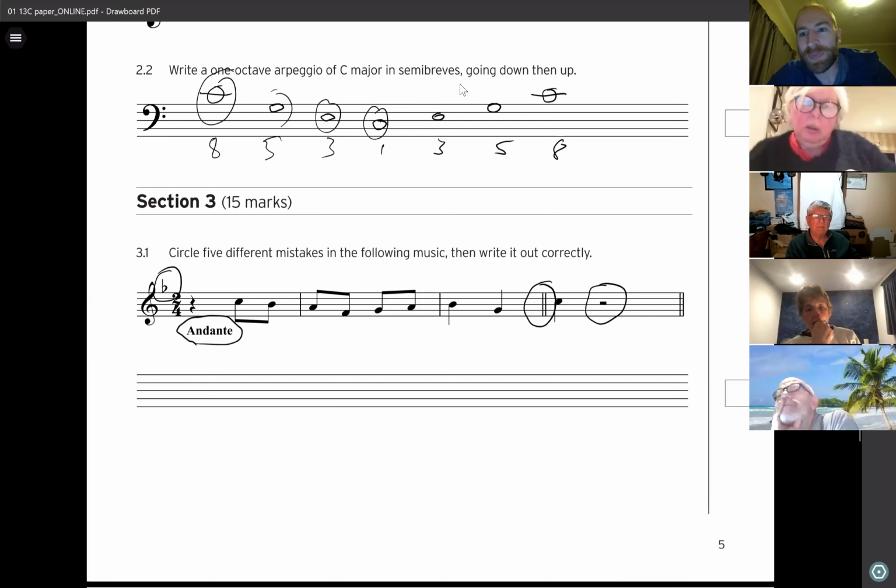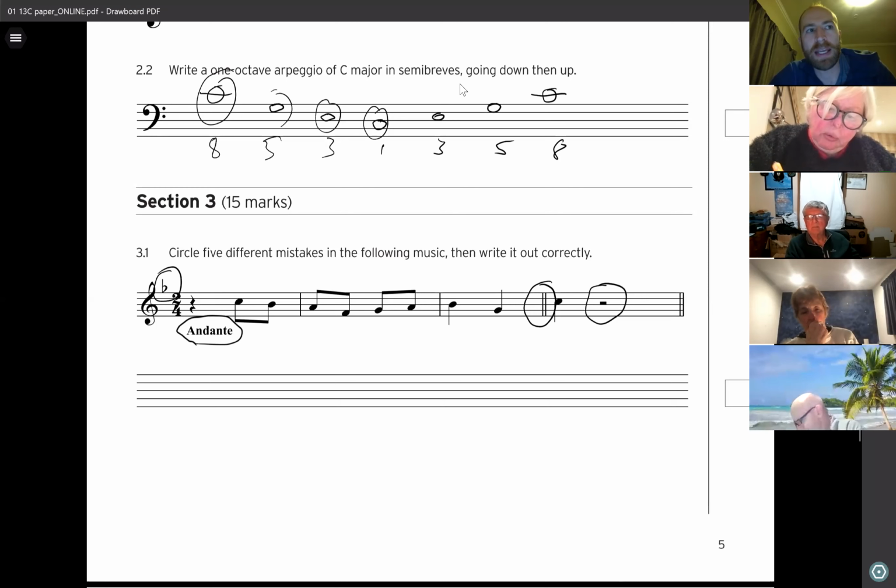A tempo marking, like what speed or style you should do it, goes above the stave, whereas a dynamic marking like P or M or MF goes below the stave. Okay.